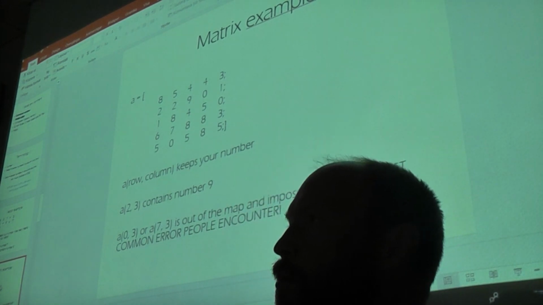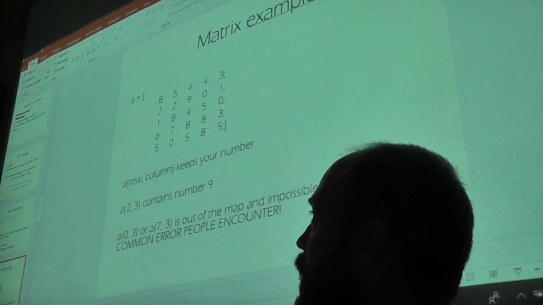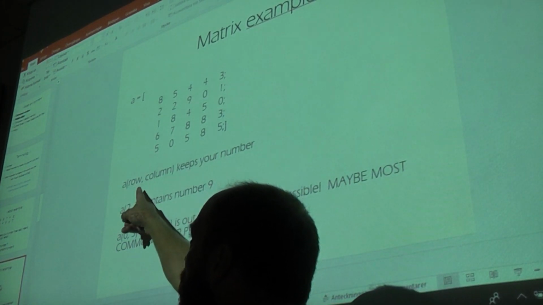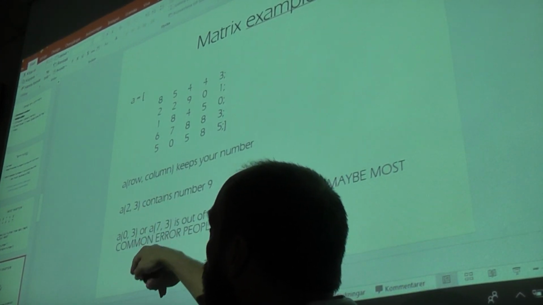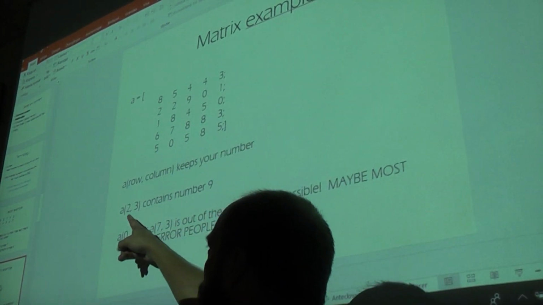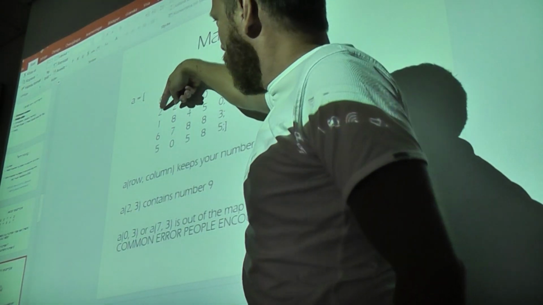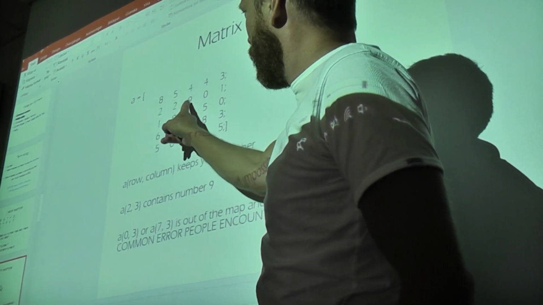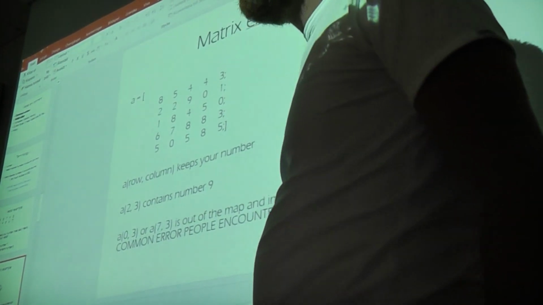And then to get a specific value out of that, you can use parentheses and an index with row and column. So in this example, A(2,3) contains number 9. It means the second row and third column.